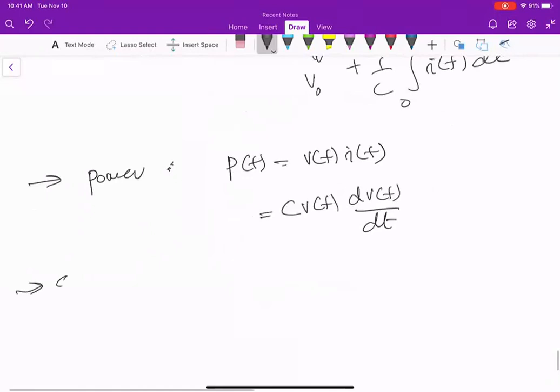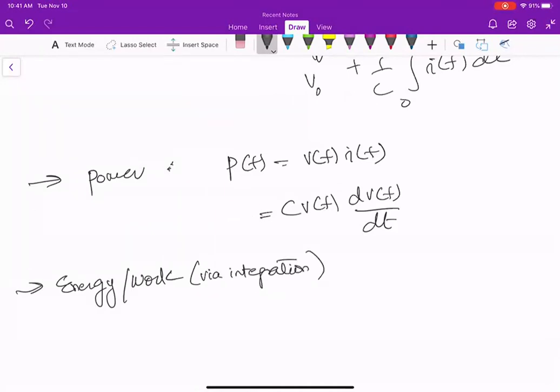And energy or work via integration will be, so I am just replacing, trying to integrate the power to find the energy stored in it.